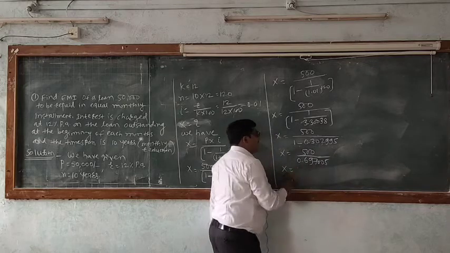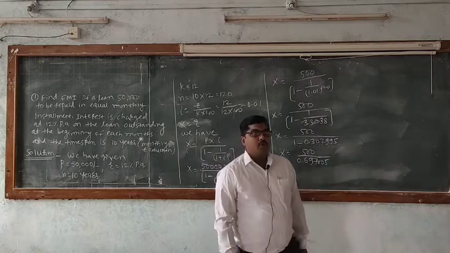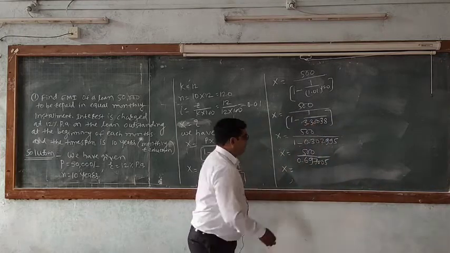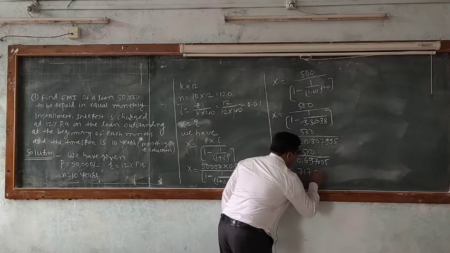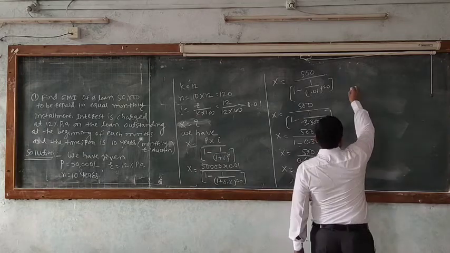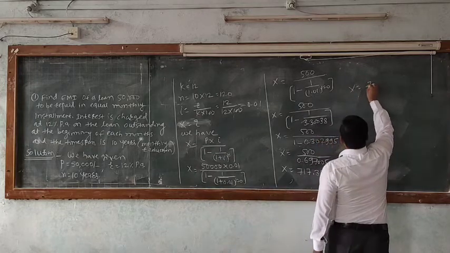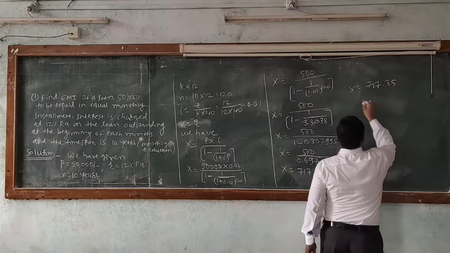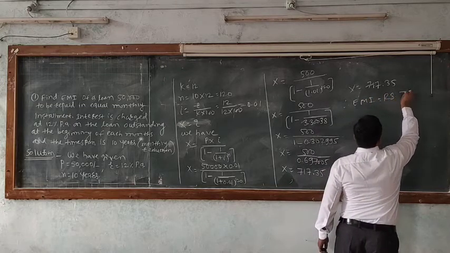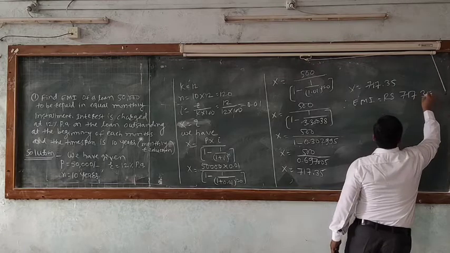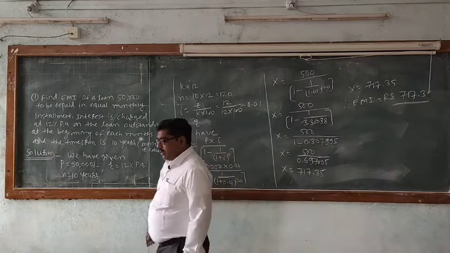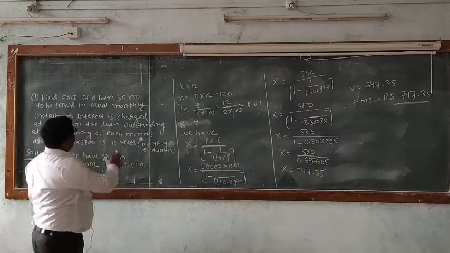So x equal to 500 divided by 0.697005, which is nothing but 717.35. So x equal to rupees 717.35. That is the EMI. X means what? EMI is rupees 717.35. This is your EMI for the rupees 50,000.